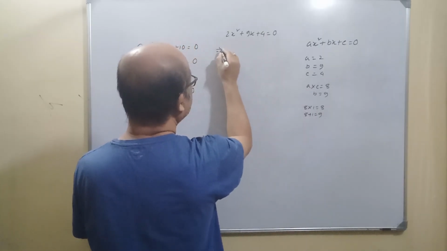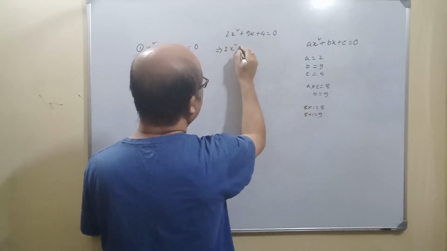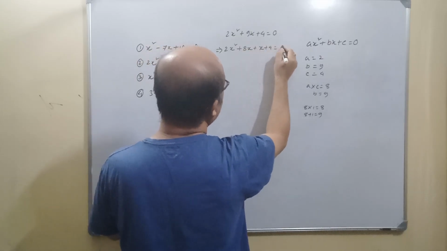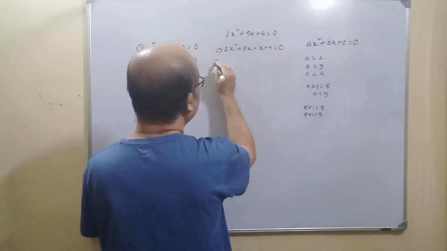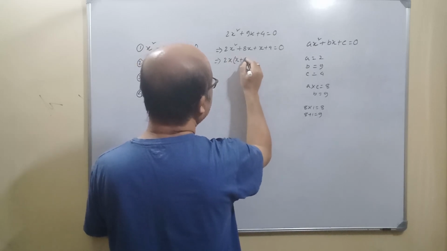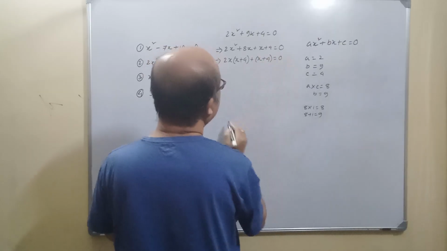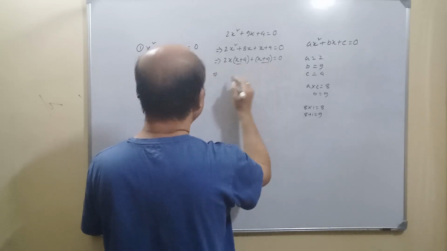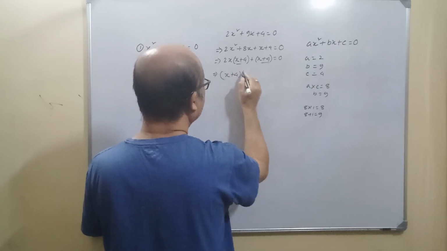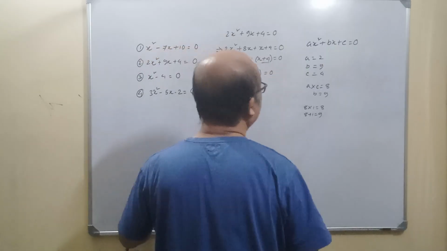So let us break this equation to include 8 and 1. So this can be written as 2x square plus 8x plus x plus 4 equal to 0, which means this is 2x into x plus 4 plus 1 into x plus 4 is 0. x plus 4 common, so x plus 4 into 2x plus 1 is equal to 0.